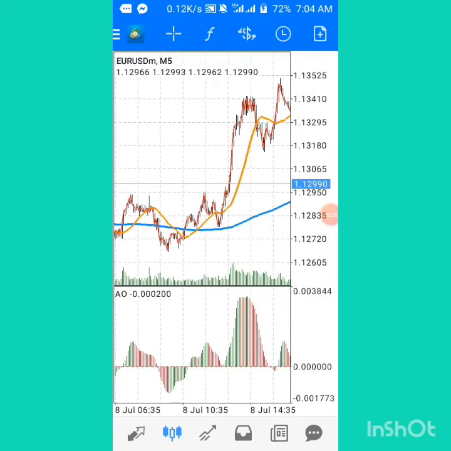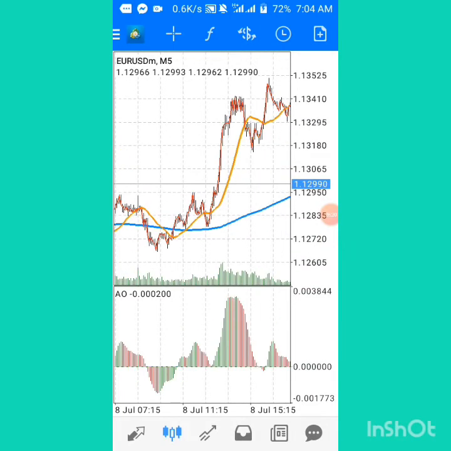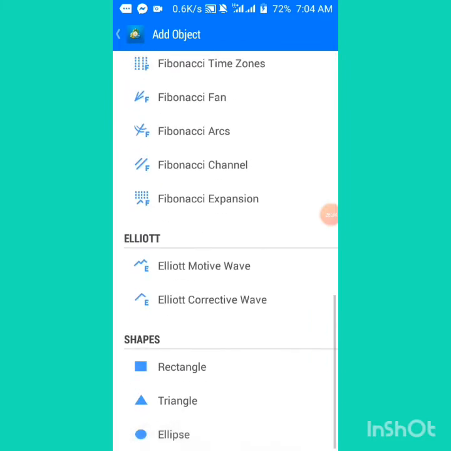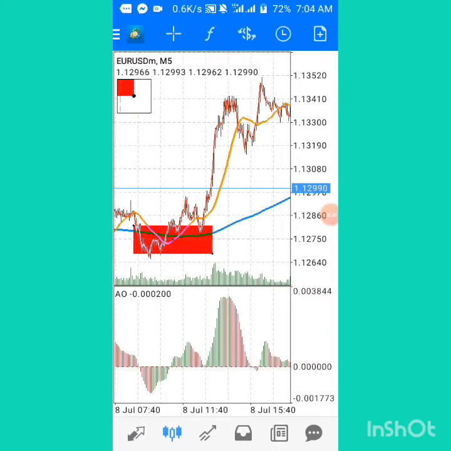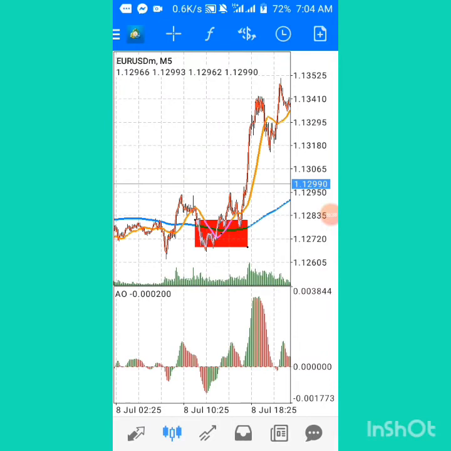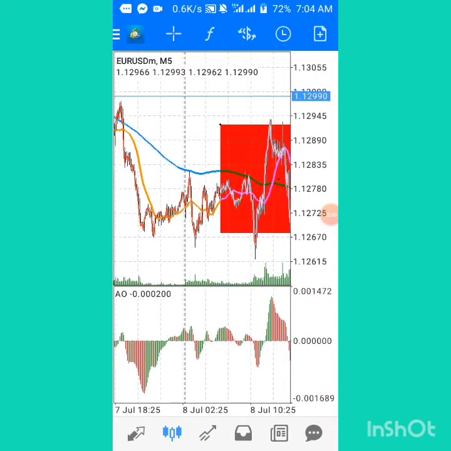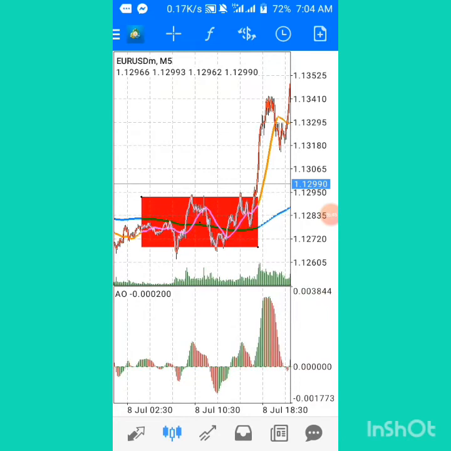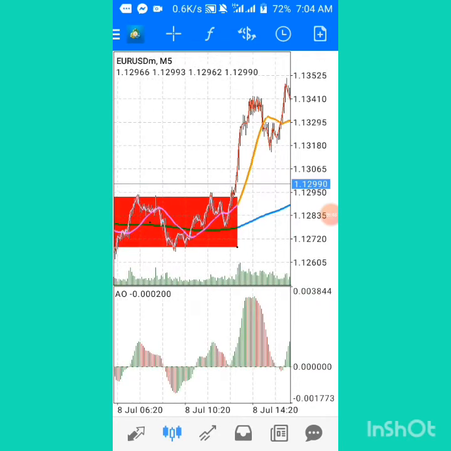Let me just use the rectangular shape on the 5-minute time frame, and you have your cross. Just wait for the breakout of the cross. You can see the rectangular shape is showing the area of the consolidation.